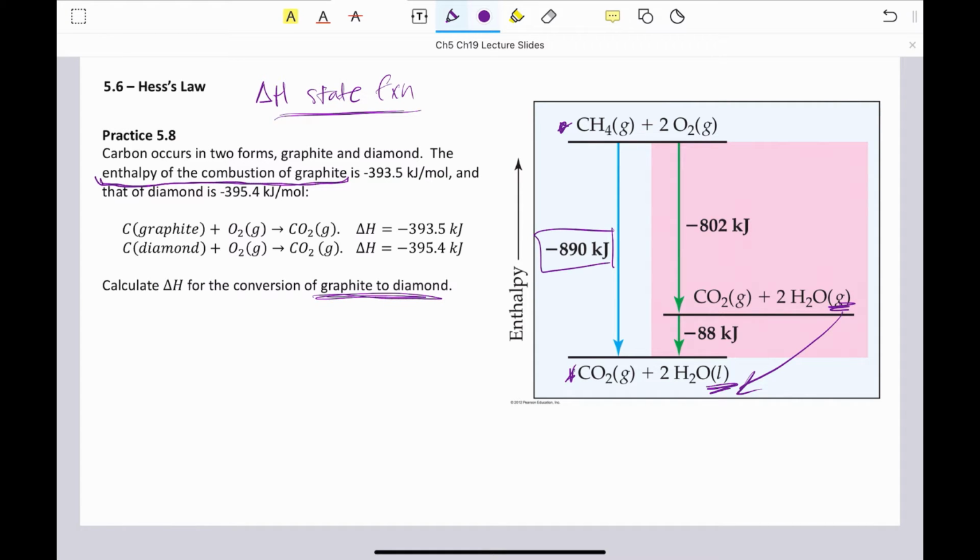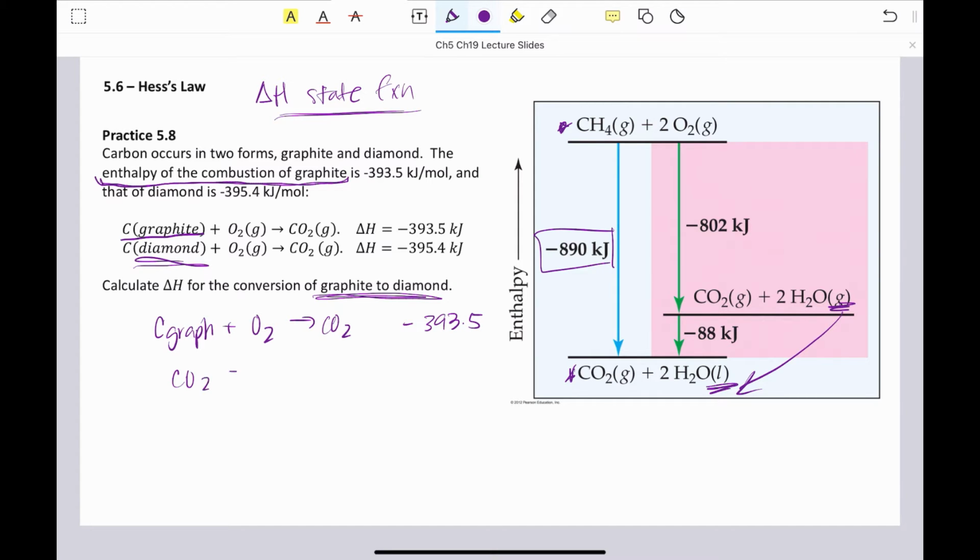Well, again, all we need to do is get my final and my initial, being just our reactants and our products, in the right places. So if I want to go from graphite to diamond, I need to be able to get graphite as a reactant, and I can do that. So I have C graphite plus oxygen giving me CO2, and since I'm using that as written, this is negative 393.5. Now, I need to get diamond as a product, so I'm going to use that reaction backwards.